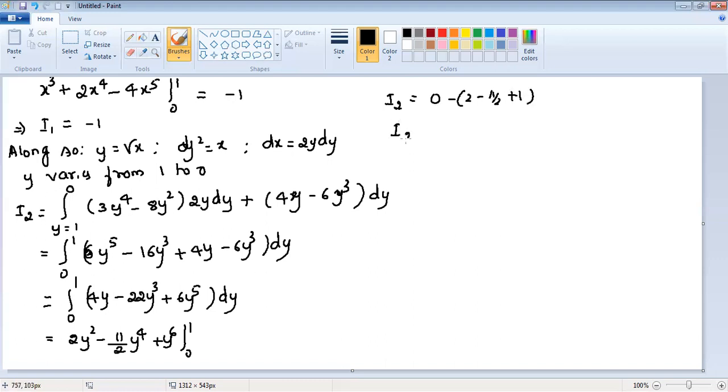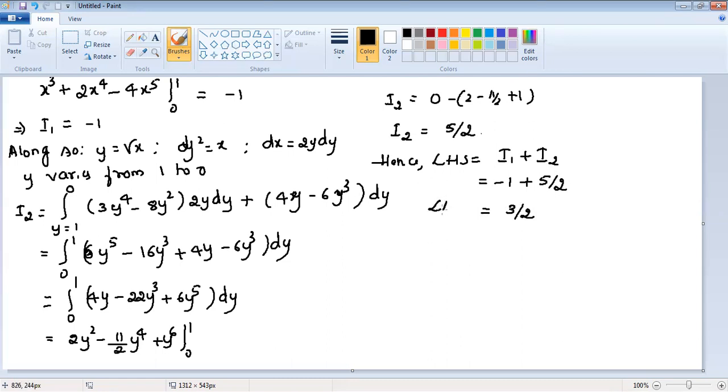So I2 is equal to 5 by 2. Hence, LHS is equal to what? It is I1 plus I2. I1 is minus 1 plus 5 by 2. So it is 3 by 2. So LHS we got 3 by 2.